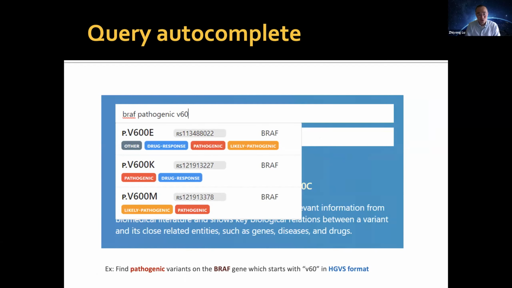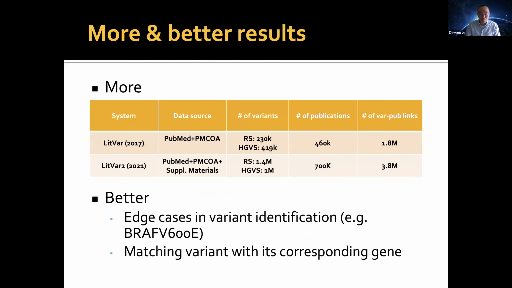And as I alluded to in the very beginning in the example, there are many different ways a variant can be written. So when you put in one of them, our search engine will immediately map that to many other names of the same variant, and then give you the hint of which one you would like to search.